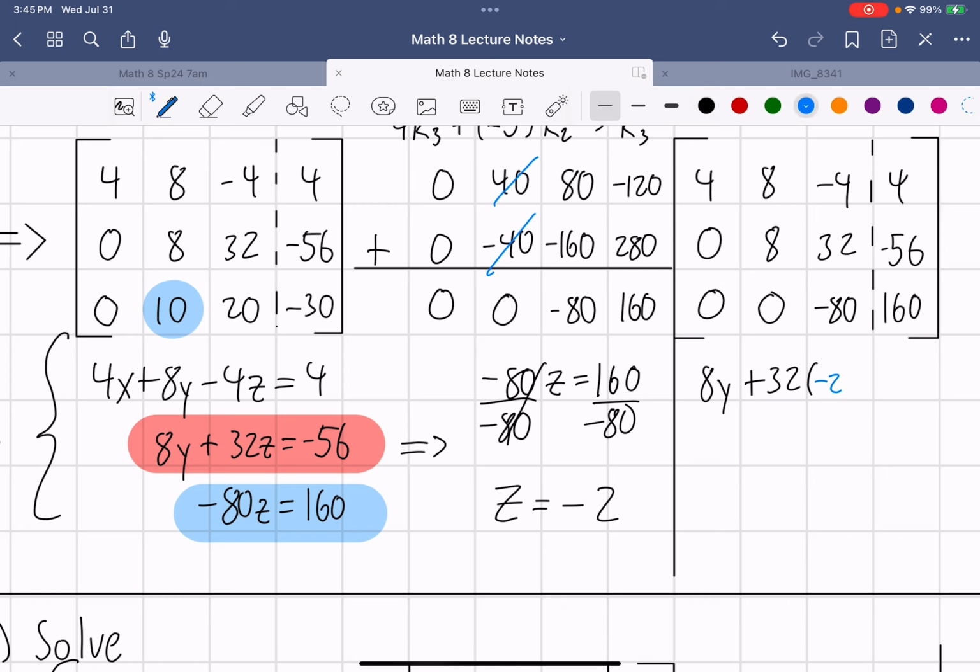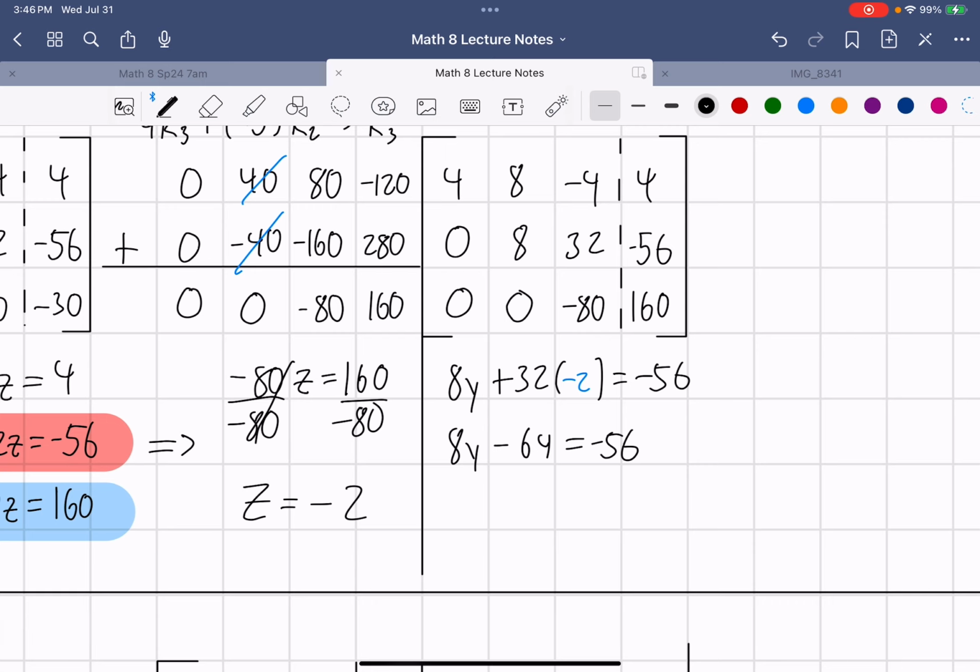That's going to give us 8y minus 64 equal to negative 56. And for the sake of space, we'll add 64 to both sides. I'll just write it here, small. That leaves me with 8y is equal to 8, which I divide by 8 on both sides. I'm going to get y to equal 1.